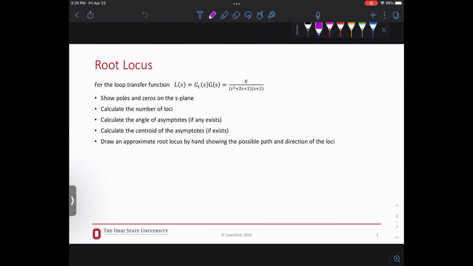Now, you'll see that I say if the asymptote exists, right? So if the asymptote doesn't exist, then you'll say there's no asymptote. For example, in what cases don't you have an asymptote? That would be one of the questions. It could be one of the conceptual questions. In what cases, when you're plotting root locus, you don't have an asymptote?